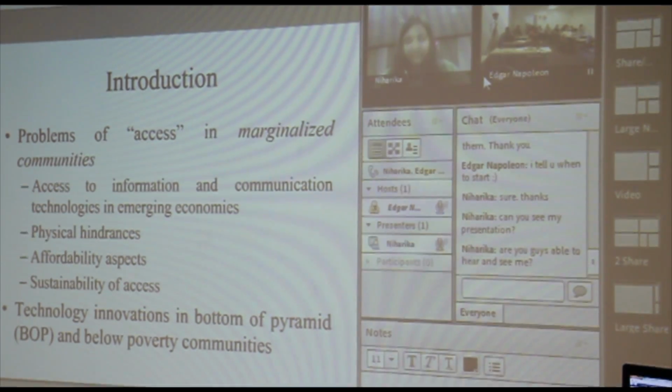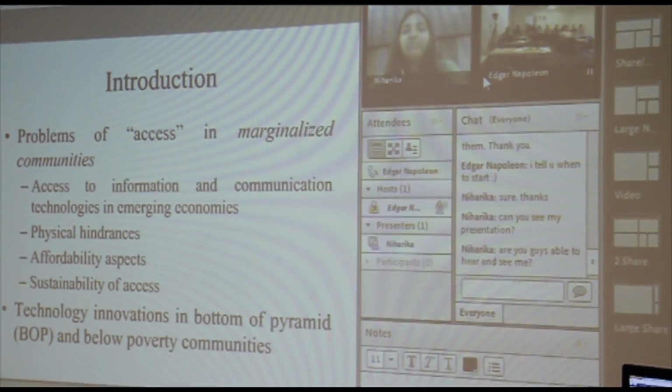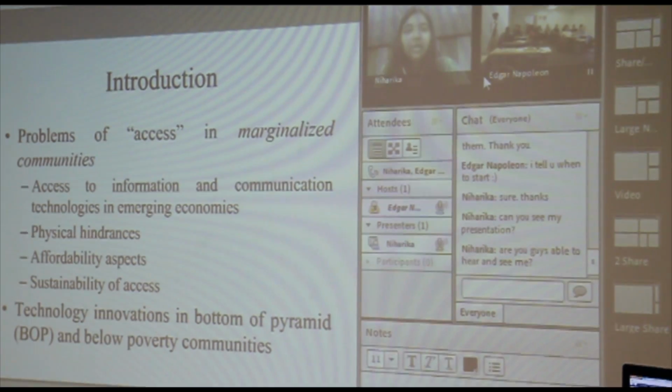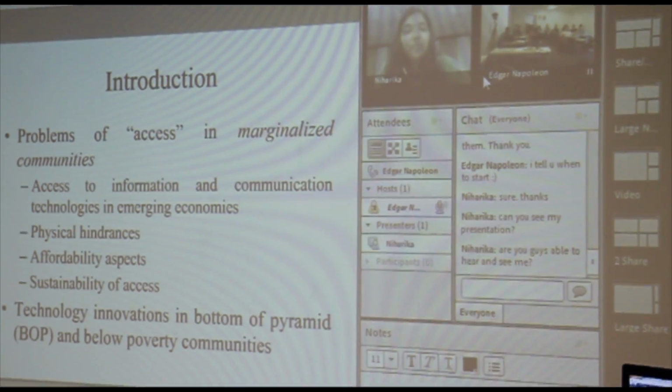So there are several issues when it comes to access in marginalized communities. It can be from a financial aspect, and they are simply not able to afford information and communication technologies.